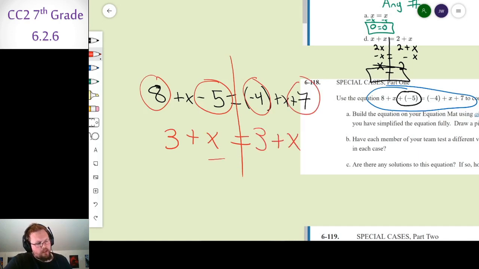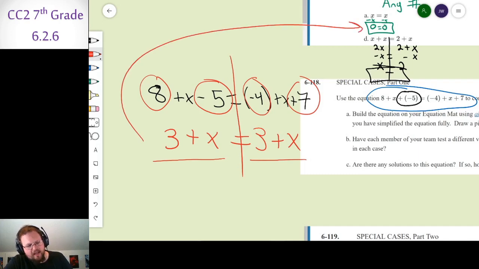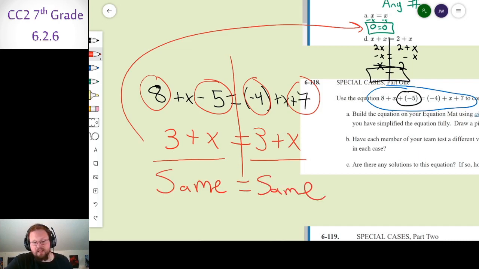You may notice that both sides are the exact same, which looks very similar to this any number solution. If ever you get the left side exactly the same as the right side, or it could be x plus 3, as long as they represent the same quantities, then this any number case occurs.